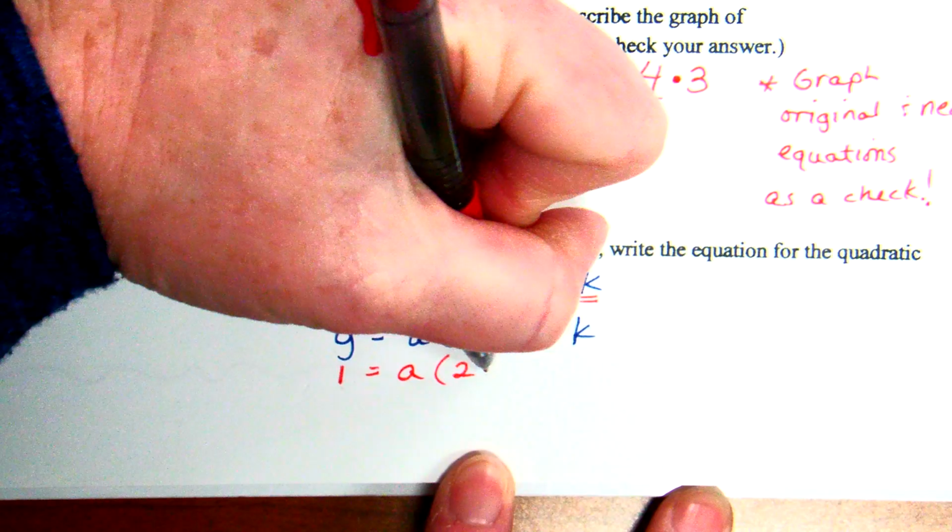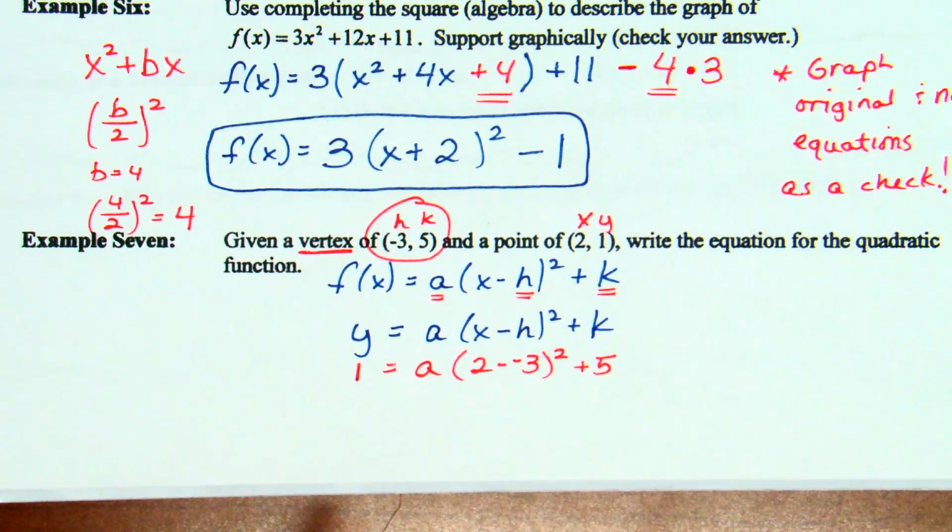So 2 minus -3 squared plus K, 5, plus 5. Okay, PEMDAS, Aunt Sally, somebody. Well, first 2 plus 3, which is 5. Yeah. 5 squared, 25. Now, here's what you have to remember.